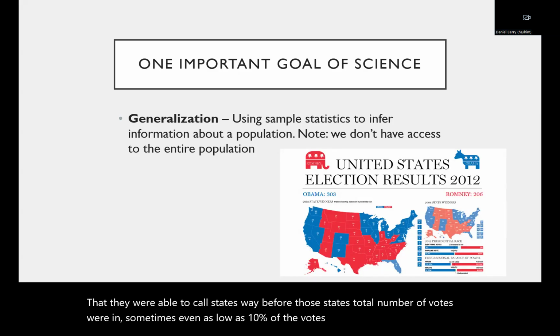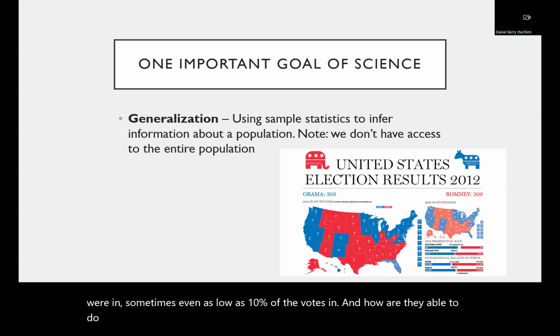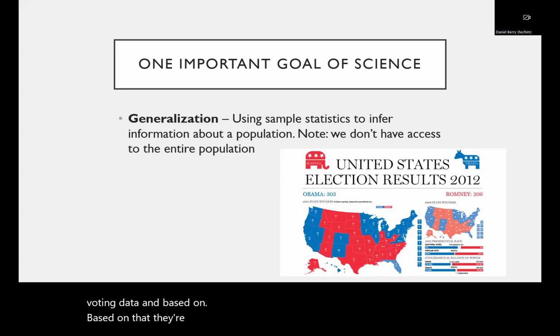And how are they able to do that? They're using sample statistics or a subset of that state's population, their voting data, and based on that, they're able to make inferences about the population. Okay, so this is what we're doing when we generalize.